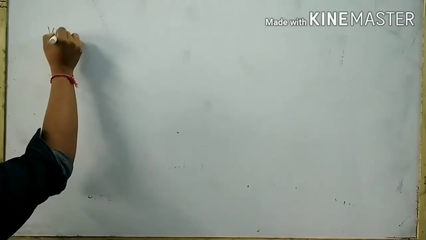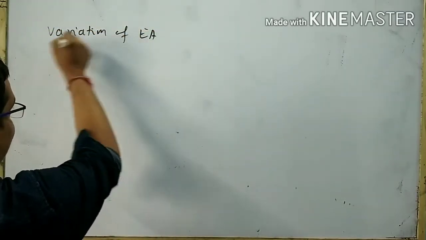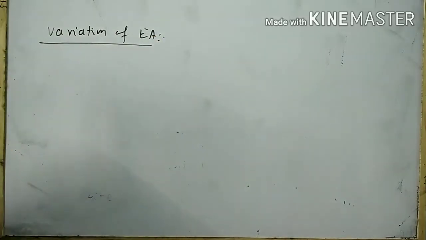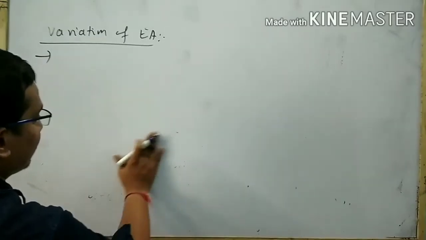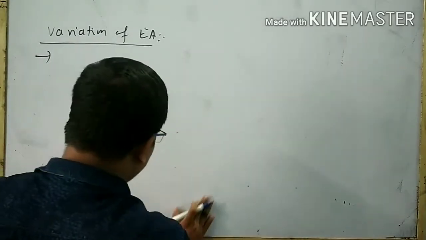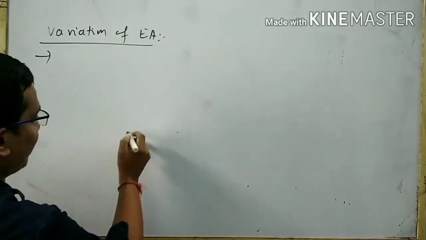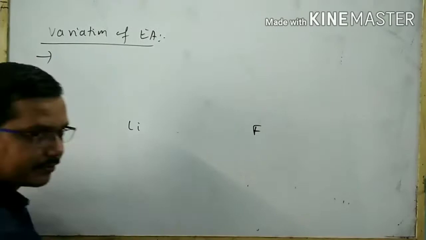Next I will discuss the variation of electron affinity along the group and along the period. If I want to think about the electron affinity along the period, then take two examples. One is lithium, another is fluorine.